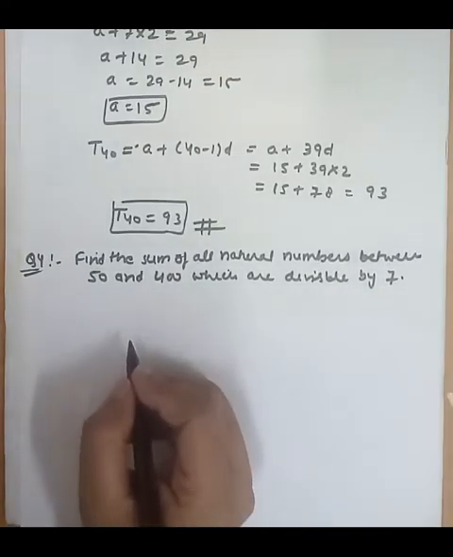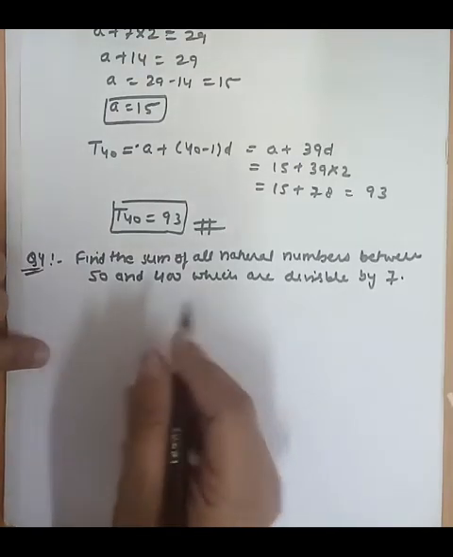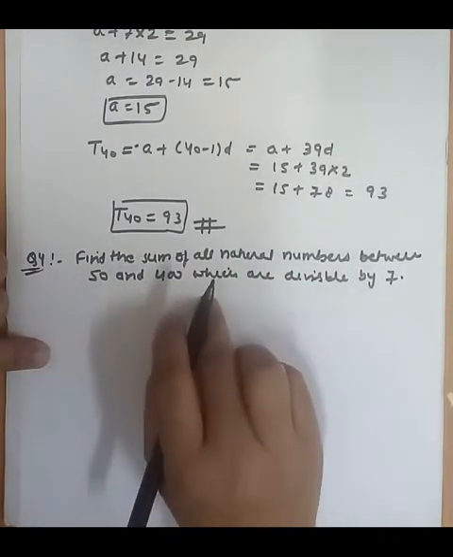Okay, so you have to find the sum of all the natural numbers between 50 and 400 which are divisible by 7.